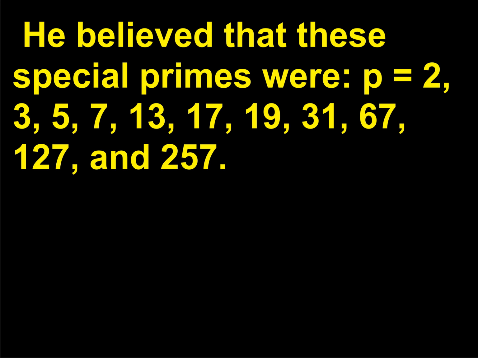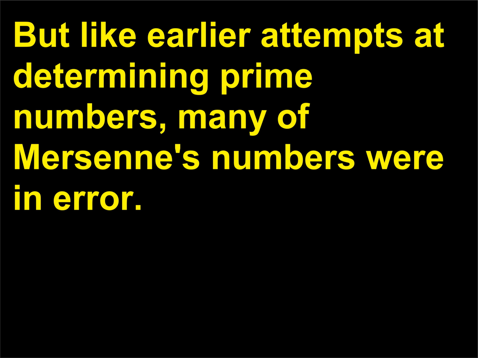He believed that these special primes were p equals 2, 3, 5, 7, 13, 17, 19, 31, 67, 127, and 257. But like earlier attempts at determining prime numbers, many of Mersenne's numbers were in error.